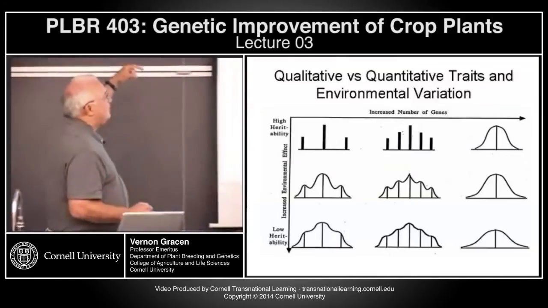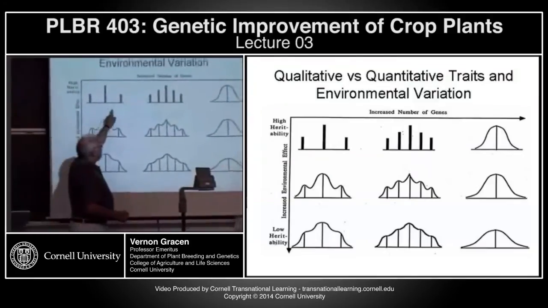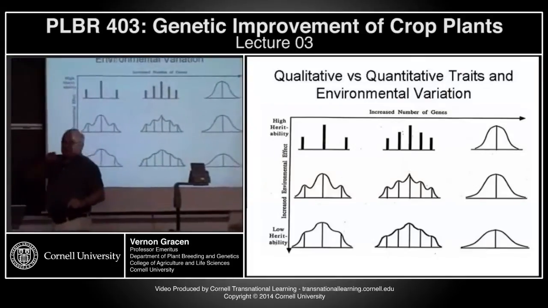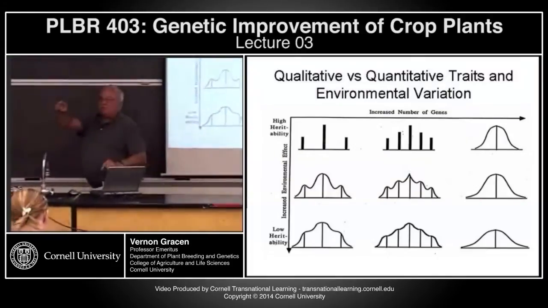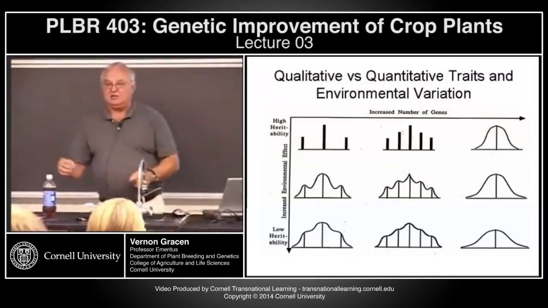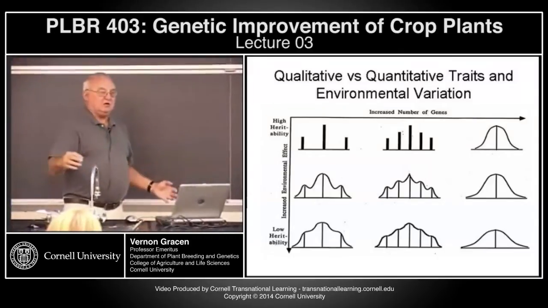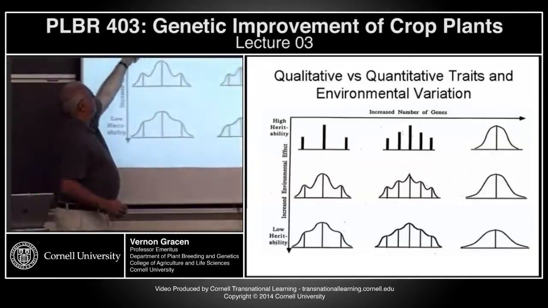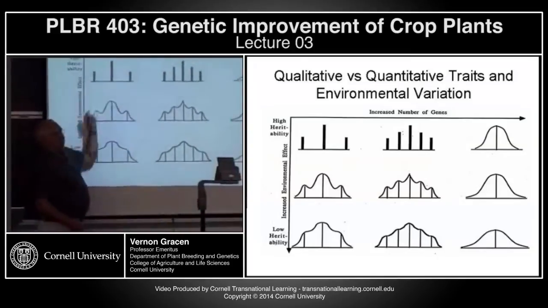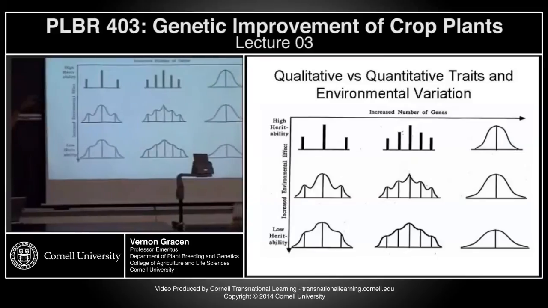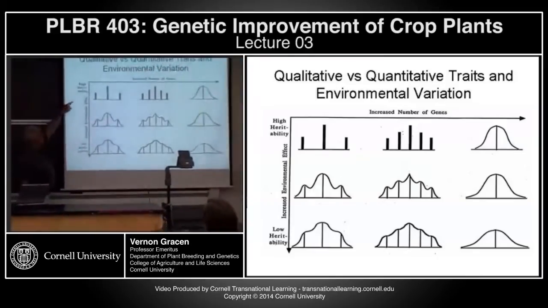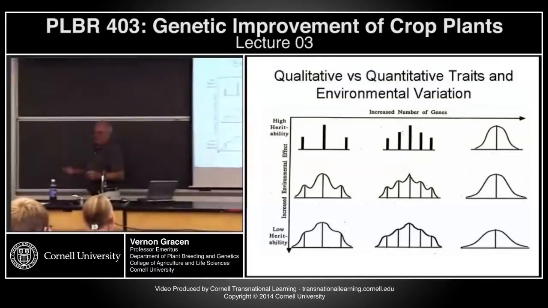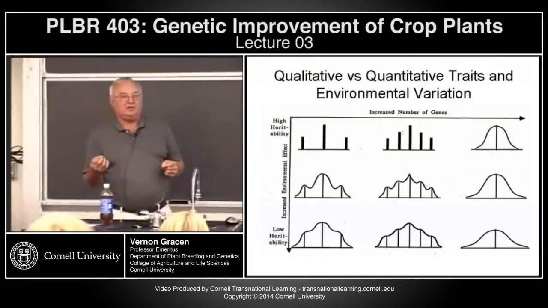Well, as you increase the number of genes, those classes blur. And you start seeing just a normal distribution of plant height in a population, or of yield in a population of plants. You don't see types that look like one parent, the other parent, or something in between. So as you do that, the heritability of that trait goes down, and we'll talk about how to define heritability.